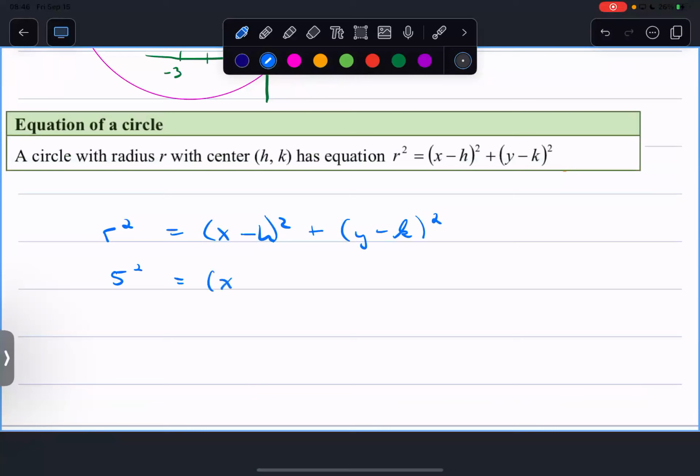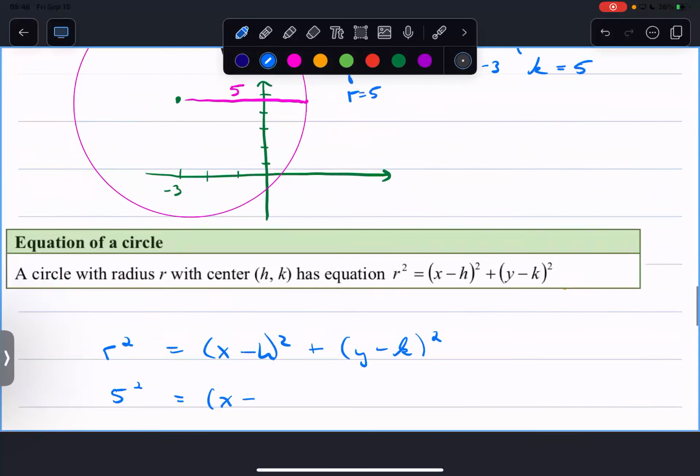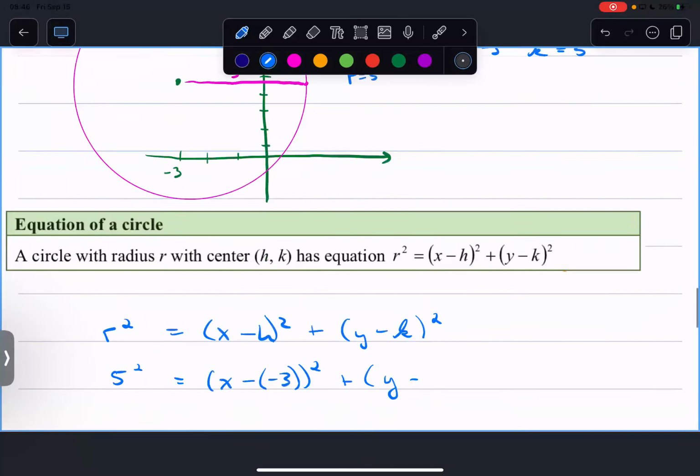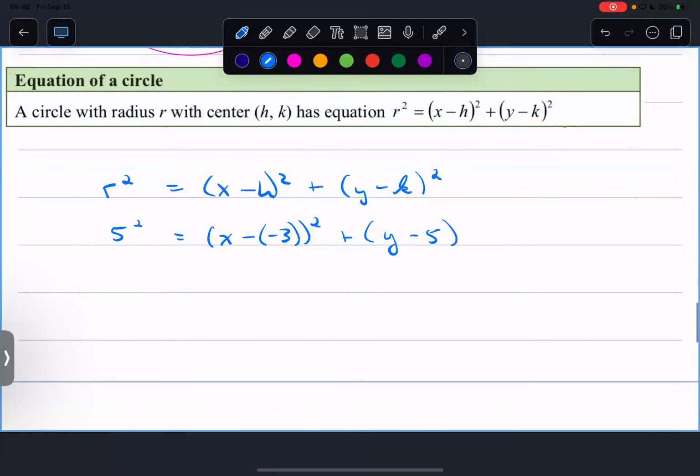So x we don't know, that's okay. We're going to keep it open, right? To be able to draw that whole circle, we want to be able to do all values of x, but h was -3, then squared, and then plus y minus, forgotten already, 5 squared.